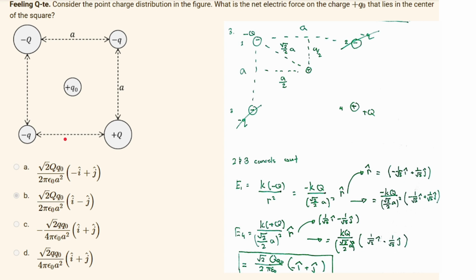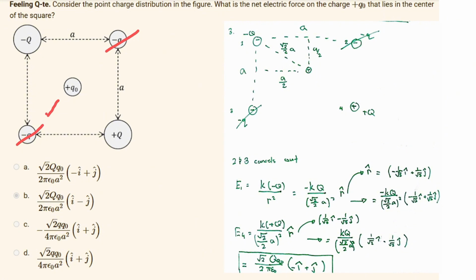For the third question, a lot of people got it wrong, but the way it works is that looking at this diagram, we can see that -Q over here and -Q over here can cancel each other out. Remember that negative particles attract while positive particles push away.